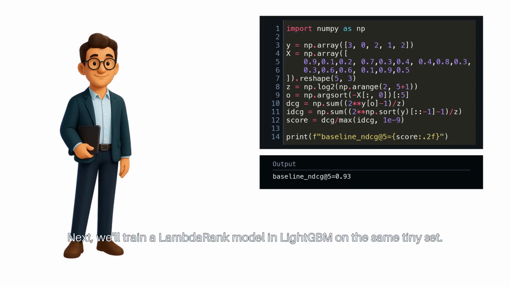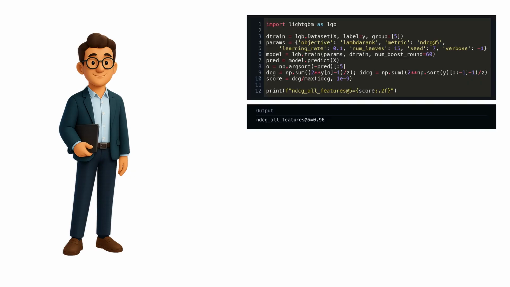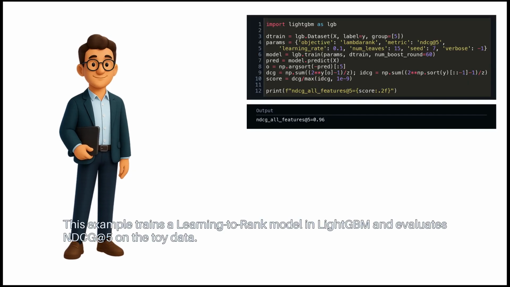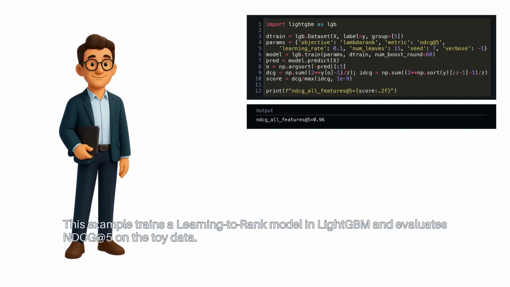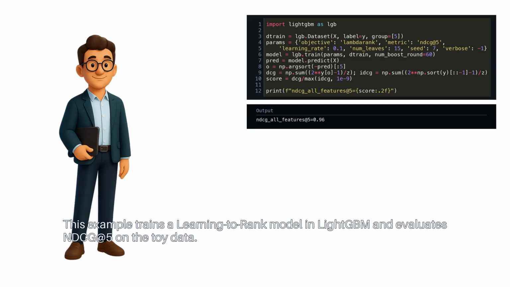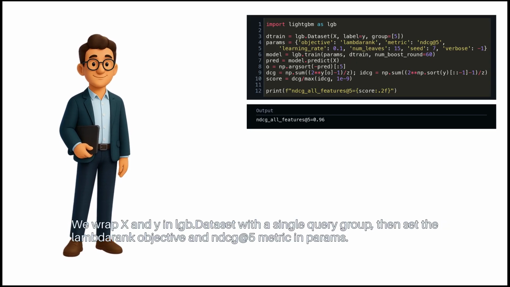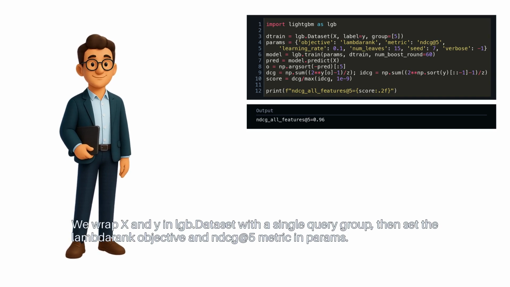Next, we'll train a LambdaRank model in LightGBM on the same tiny set. This example trains a learning to rank model in LightGBM and evaluates NDCG at 5 on the toy data. We wrap X and Y in lgb.Dataset with a single query group, then set the LambdaRank objective and NDCG at 5 metric in params.